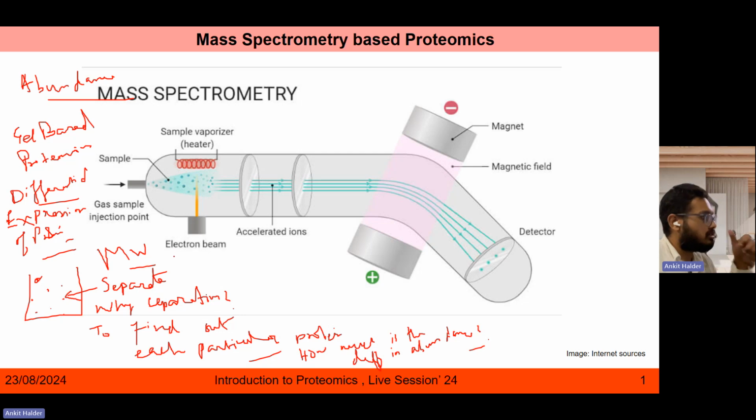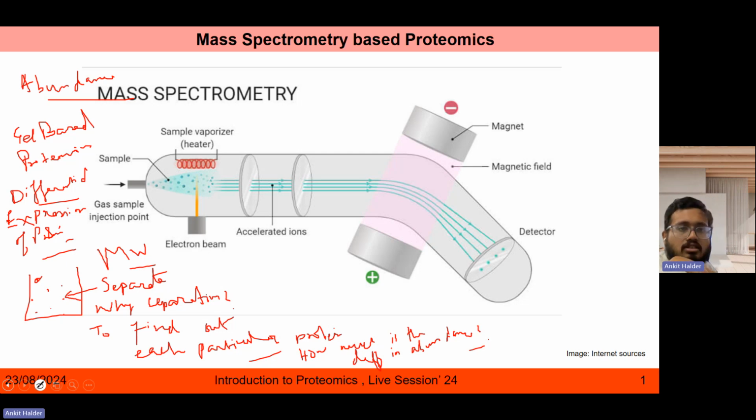Both of those were separating it so that we can easily get one particular protein spot. Otherwise, when we used 2D dyes for differential expression, we were tagging the proteins with different dyes for different conditions, and finally measuring the intensity.